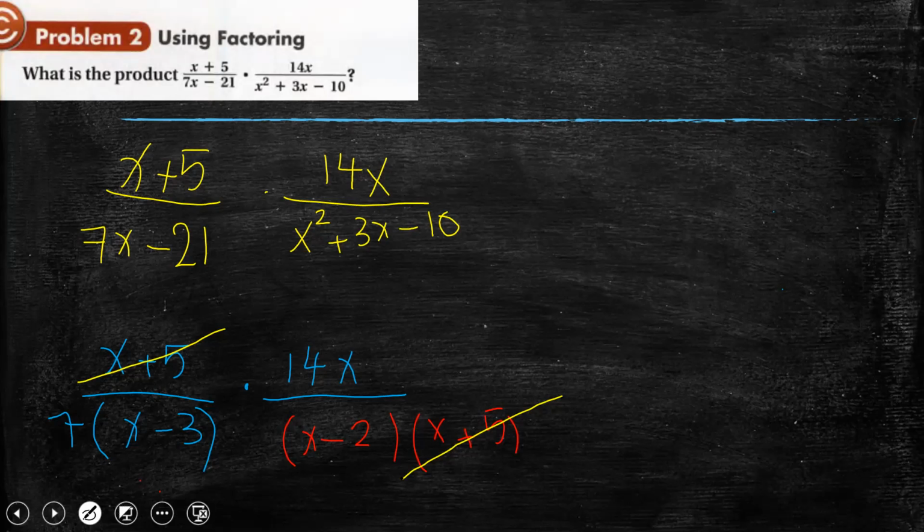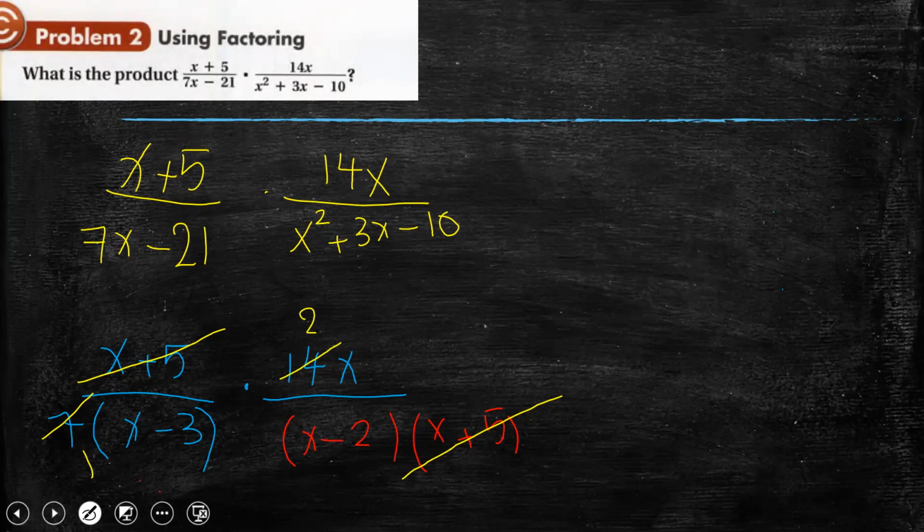Look down at the denominator. We cannot cancel it. Okay, look at the first denominator. Can we cancel something here? It can be the 7. Yes, they are 7 multiplied. I told you if you have a 7 multiplied, you can. So you will say 7 over 7 is 1, and 14 over 7 is 2.